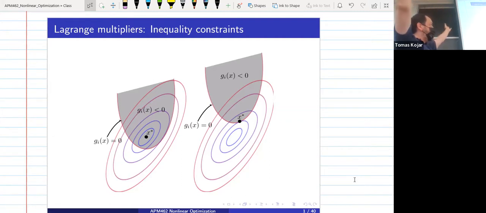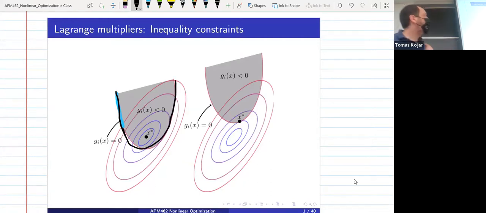So last time we talked about equality constraints, which is this thick line. But the real world doesn't care about that as much as it cares about inequality constraints.